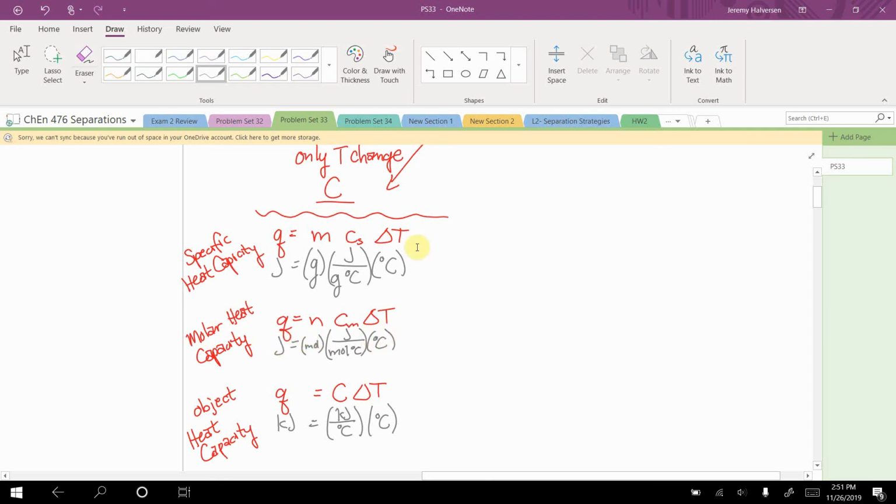Okay, so I really think of these two equations as being pretty much exactly the same. Right, if I have a heat capacity with moles in the bottom, I'm not going to multiply by grams, I'm going to multiply by moles. So I'll just use the term mCΔT all the time. Now, this equation and this equation are also very similar. It's just I'm dealing with an object that has a set mass.